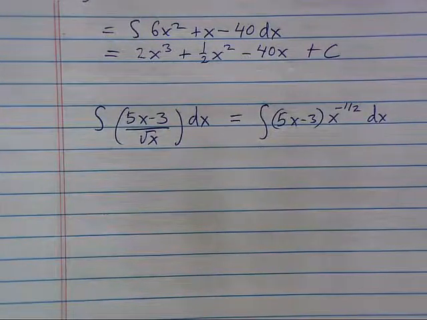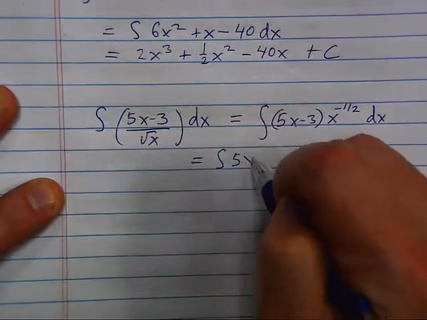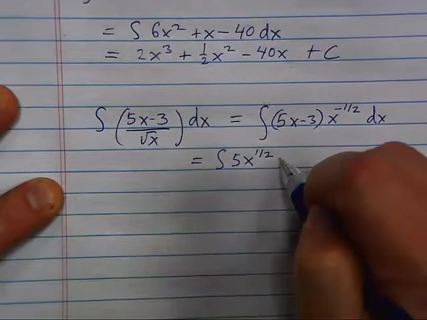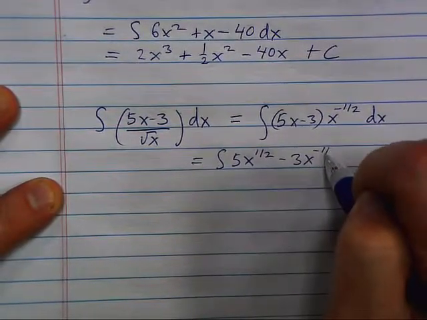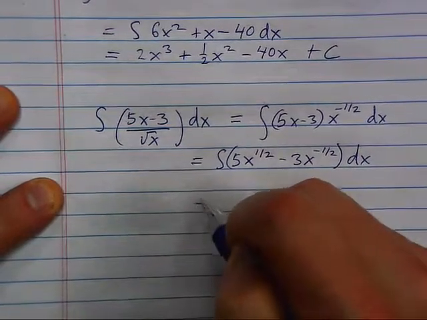And then you have to do the distributive property because we do not have a product rule either. We get rid of the quotient by writing it as a negative exponent. Then we get rid of the product by distributing. So that's the integral of 5x to the 1/2 minus 3x to the minus 1/2 dx.